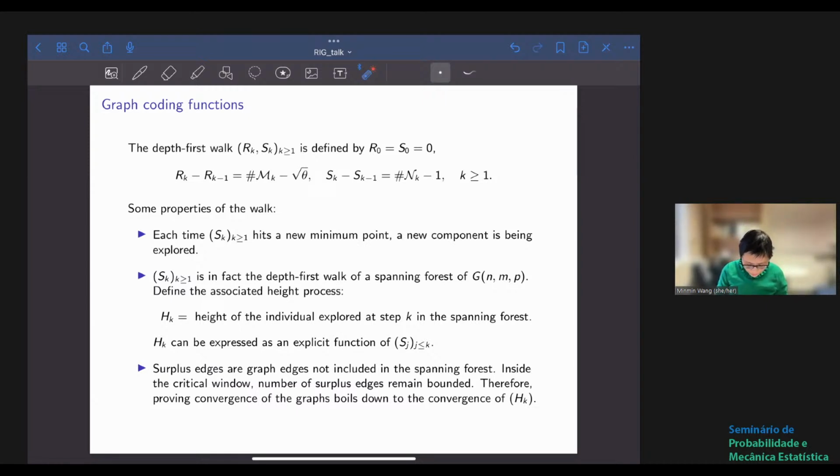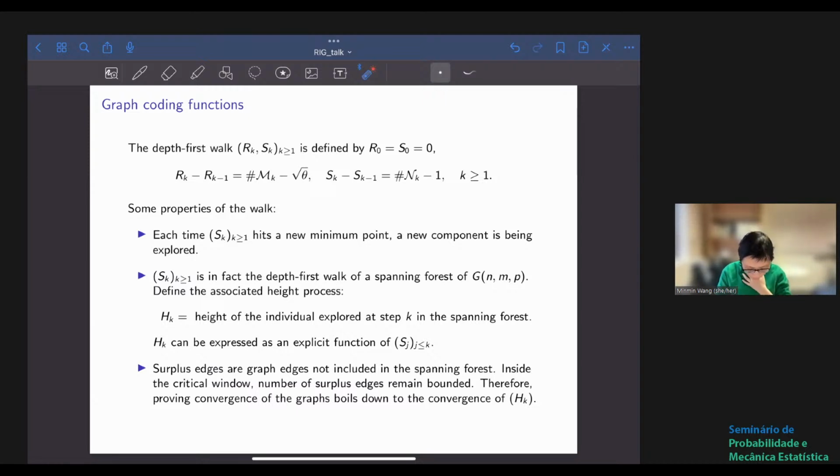The message here is that you don't need to worry too much about surplus edges to prove the convergence of the graph. The main job is to prove the convergence of the height process for the spanning forest.